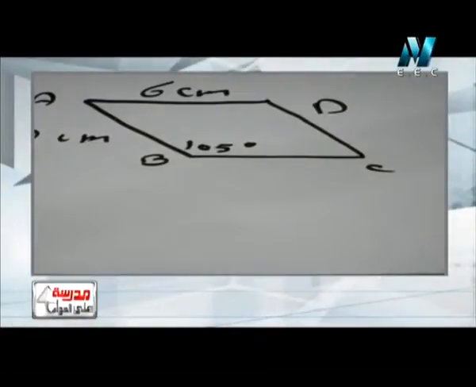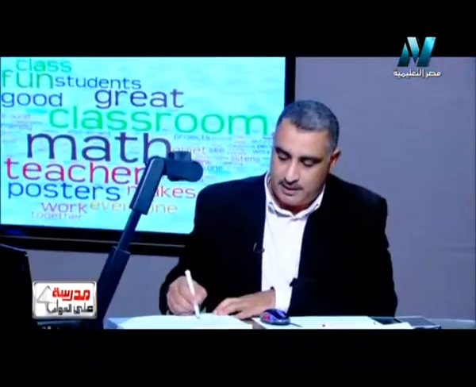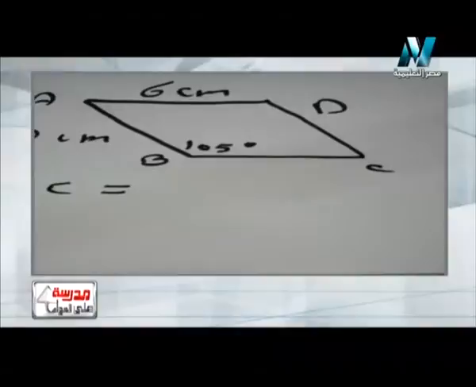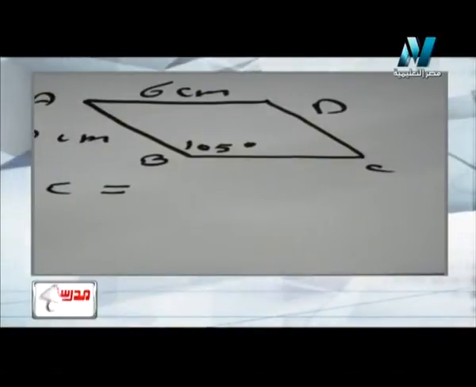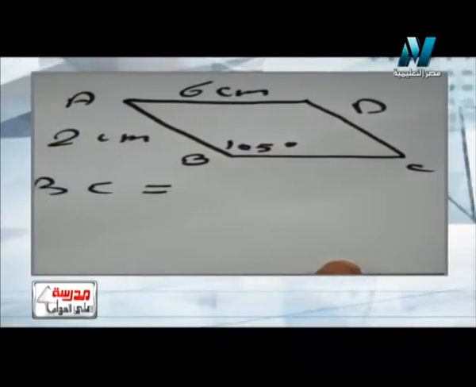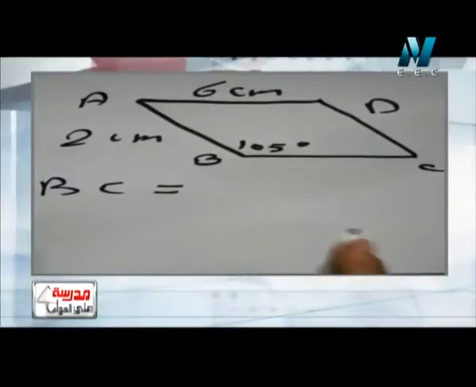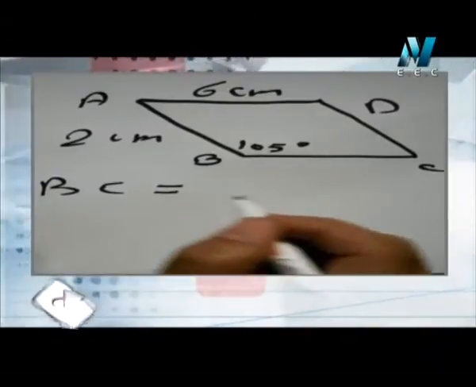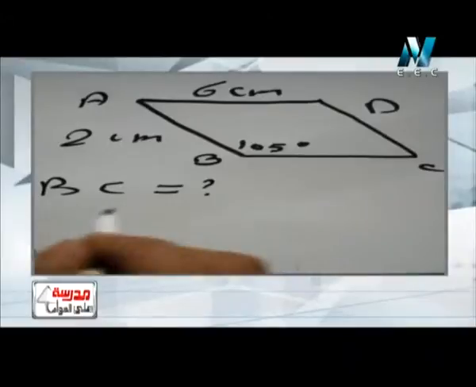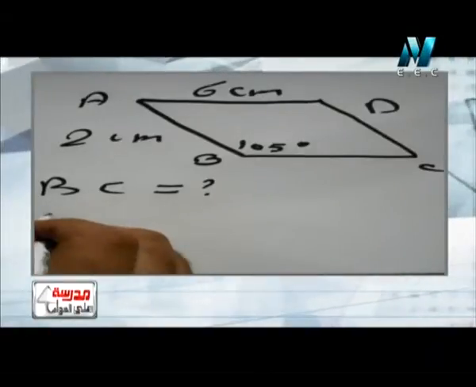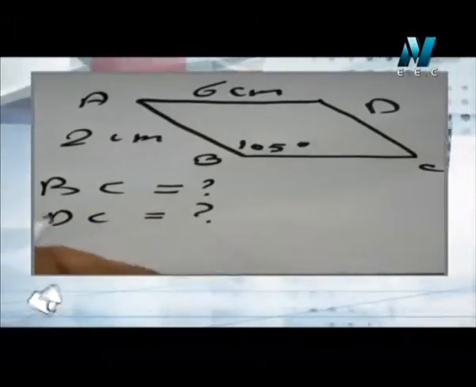What is required? Complete: the length of the line segment BC equals how many centimeters? And DC equals what centimeters?